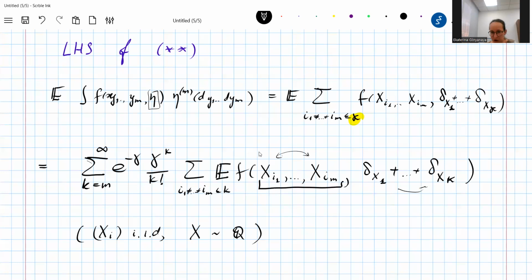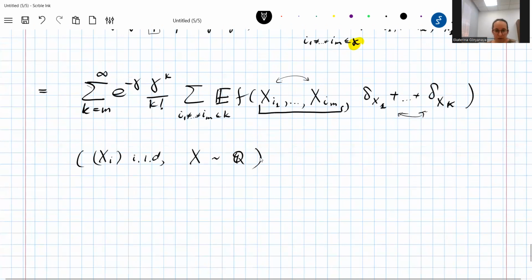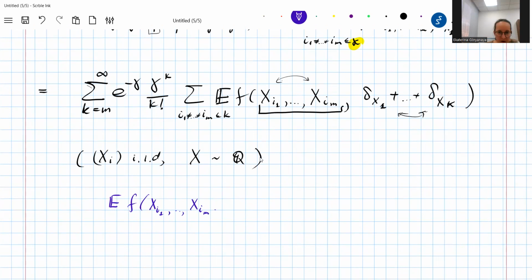And here I can change the summands as I want. So to write this expectation, let me write it for one of the summands, x_m, delta x_1 plus delta x_k. Let me take, for example, x_1 first, x_2, and so on. So it will be x_2 and so on, x_n.